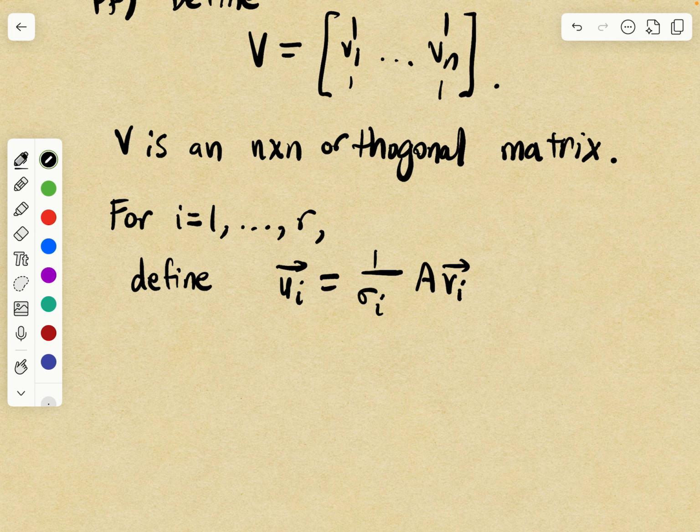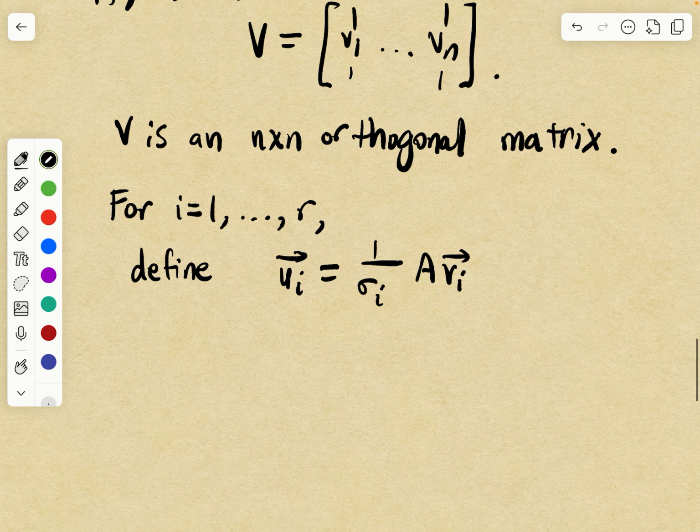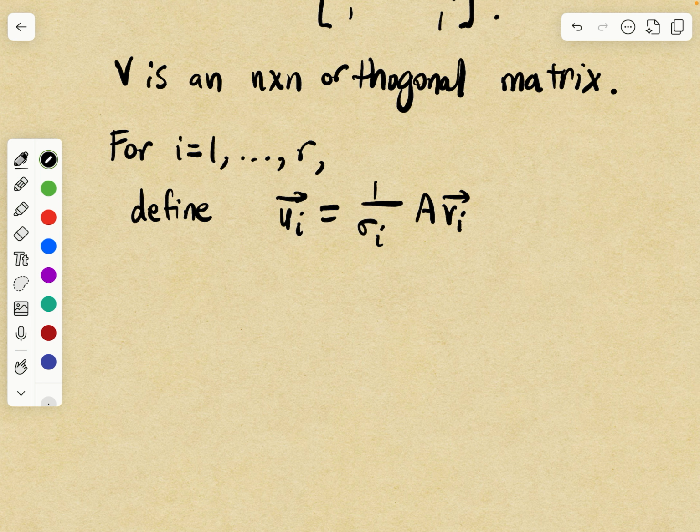You can only go out to the rank because if you go past that, from r plus 1 to n, those sigma i's are all zeros, so this thing is not defined. Otherwise you'd have 1 over 0. So this expression, Ui, only makes sense for i equals 1 to r.